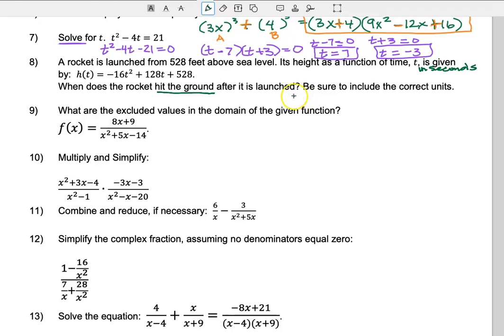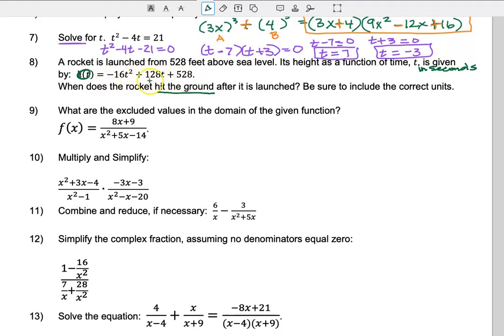All right, well, when it's saying when will it hit the ground, we're saying that our height here is going to be 0. So in place of that h of t, we're going to be putting a 0 there and then solving it. Okay. So when I do that, I want to first of all look and see if there's a greatest common factor.